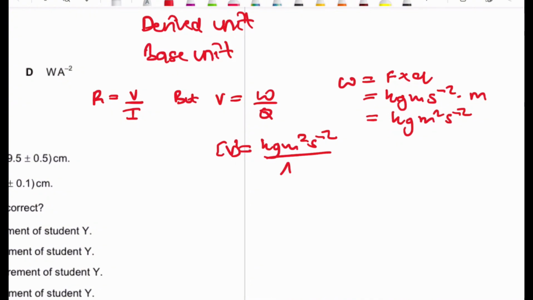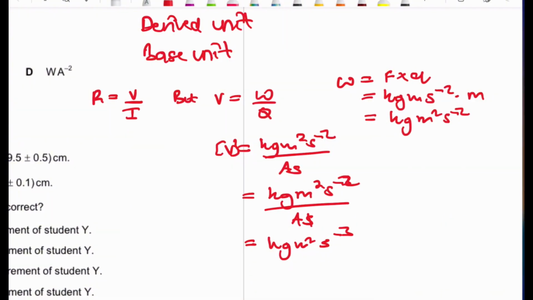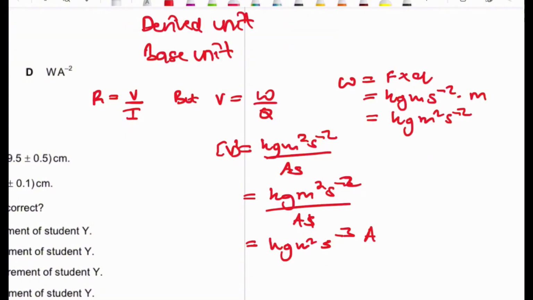So the units would therefore be As. That gives us the unit of voltage as kg m squared s to the power of -2 divided by As, which would become kg m squared s to the power of -3 A to the power of -1. So those are the units of voltage.